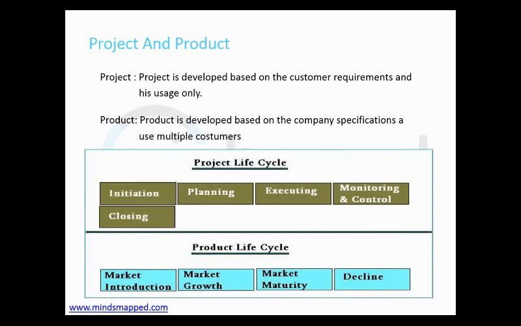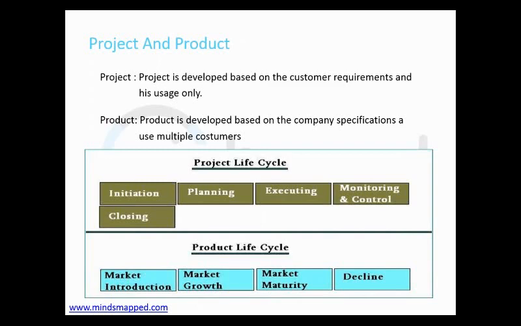Now we are coming to project and product. What is the difference between a project and a product? A project is developed based on the customer requirement, and it will be used only by that customer, like a tailor-made for the person. For example, Walmart is a supermarket. Walmart comes to me and says, you need to create a software for billing.